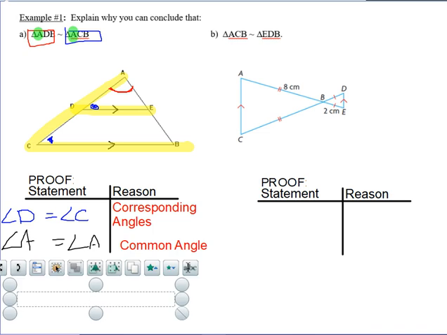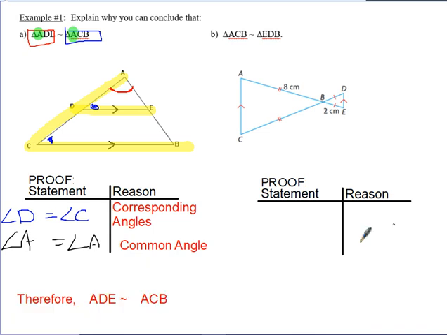So we can say that therefore triangle ADE is similar to triangle ACB because of angle similarity. I mean, we could have taken the other angles here and said, oh yeah, angle E is equal to angle B, and those would be our two angles if we didn't have angle A. But I just wanted to show you that because that might come up and be a really useful thing to use here.